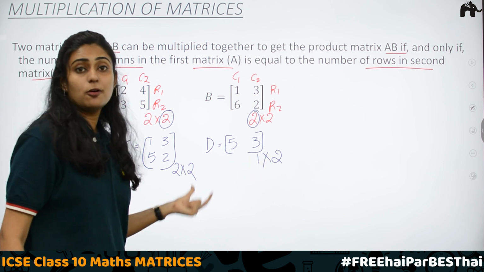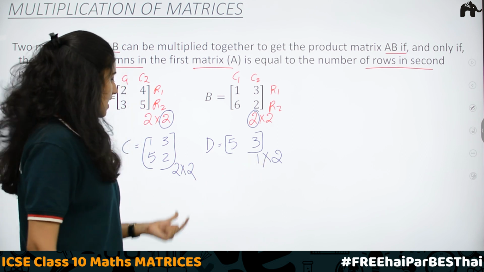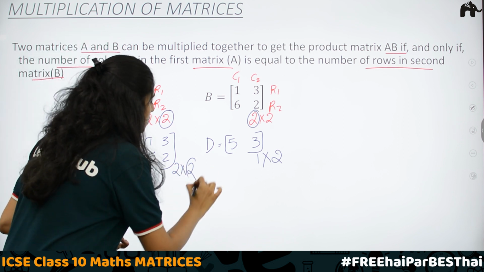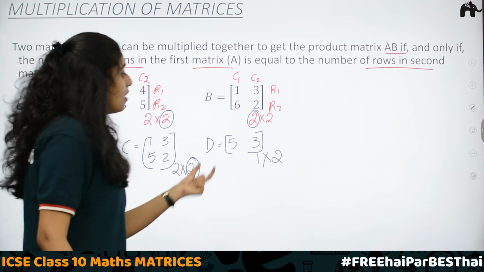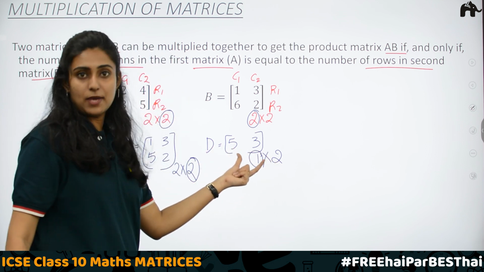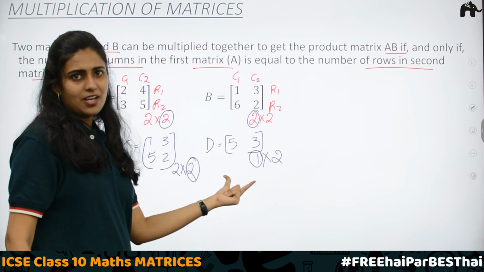Check if we can perform the matrix multiplication in this case. Here what is the number of columns in the first matrix? We have two columns. Number of rows in the second matrix? Only a single row. This is a row matrix. Can we perform? No, right?